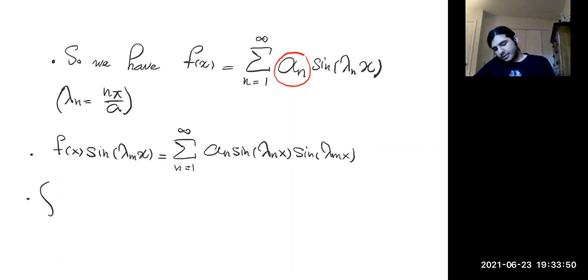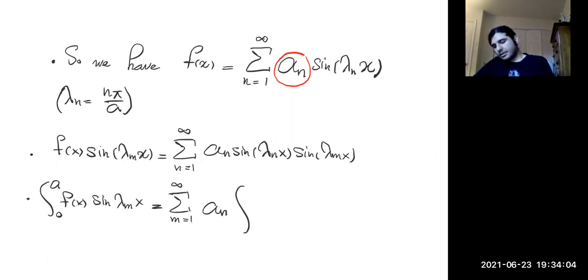So I would have the integral from 0 to a of f(x) sine of lambda m x equal to the sum, where an is a constant that comes out, of the integral from 0 to a of sine of lambda n x sine of lambda m x dx.